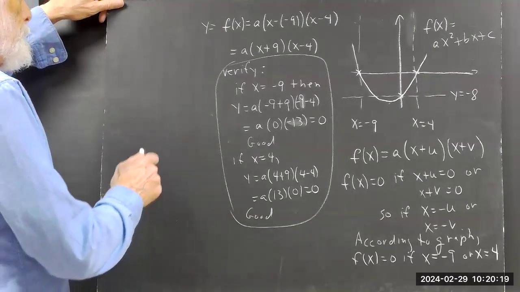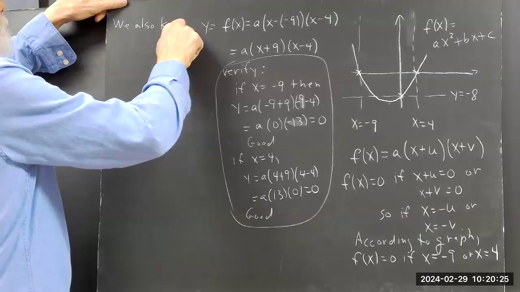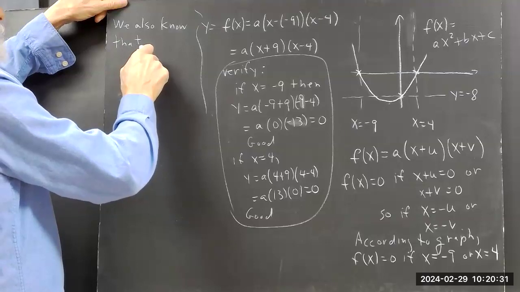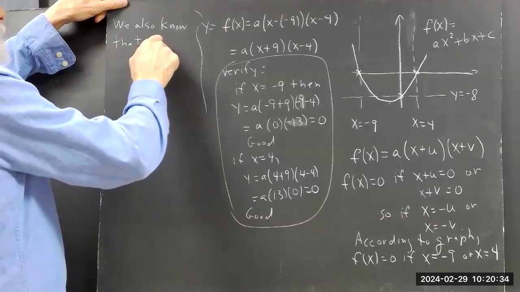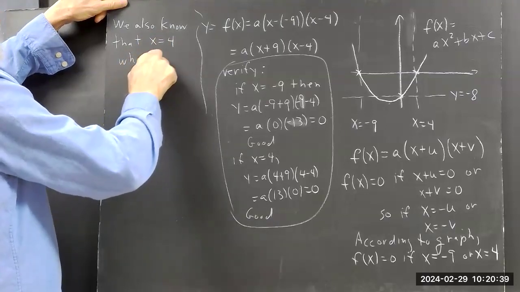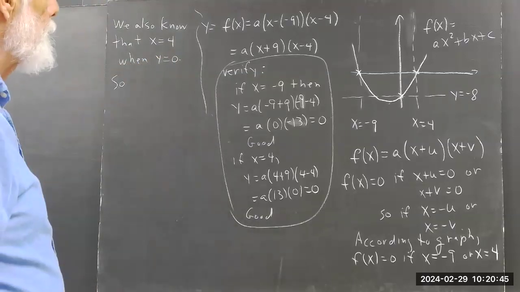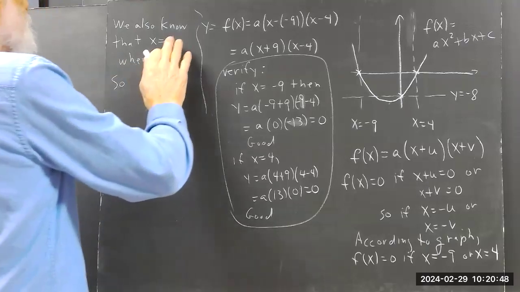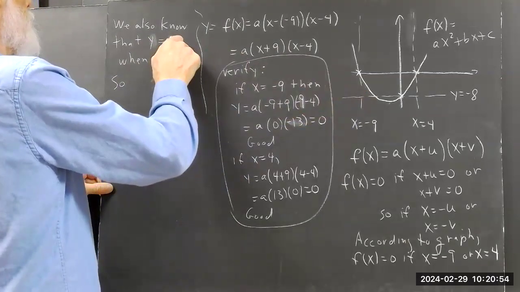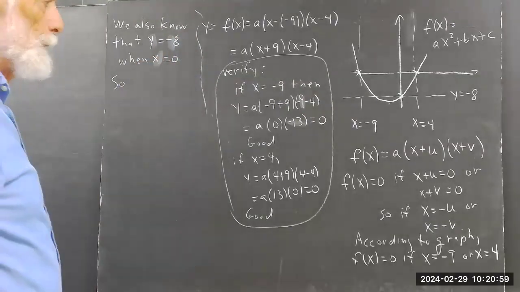Then if x equals that, I'm looking at the graph, y equals -8 and x equals 0.